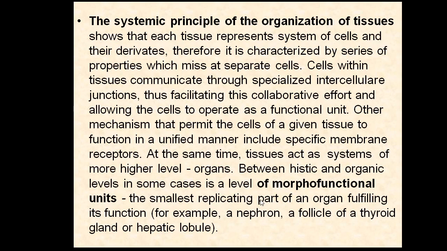It is the smallest replicating part of an organ fulfilling its function. For example, it is nephron in kidney, follicle in the thyroid gland, or hepatic lobule in the liver. That's why the middle between the tissues and organs is the morphofunctional unit.